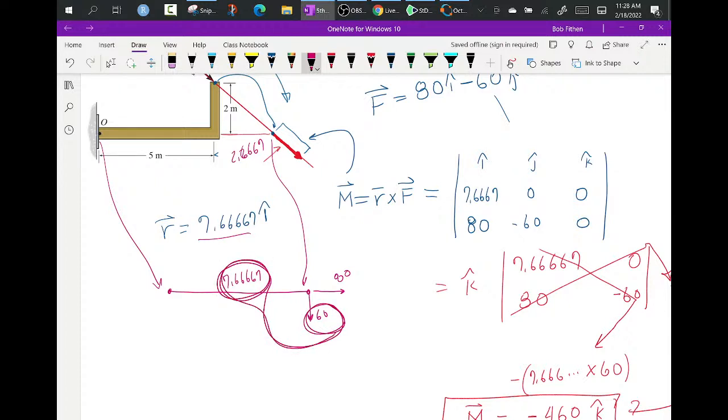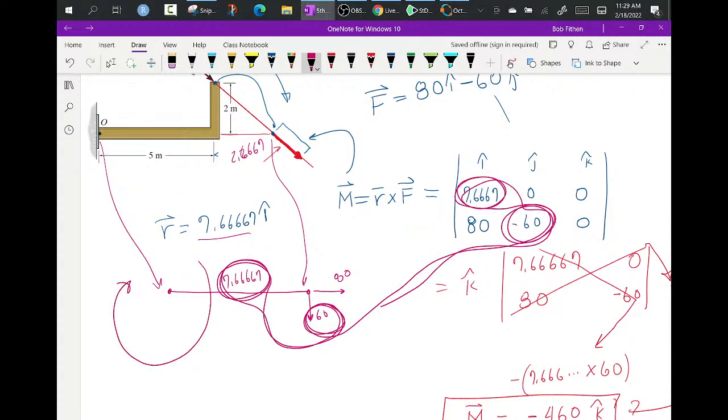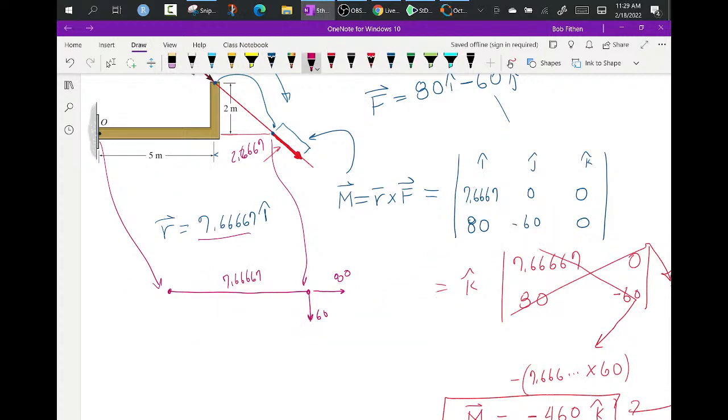Here's your moment arm. Here's your 60. It's producing a moment in this direction. In other words, if you look at this, this rotates around this way. Again, X, Y. This is a positive moment.